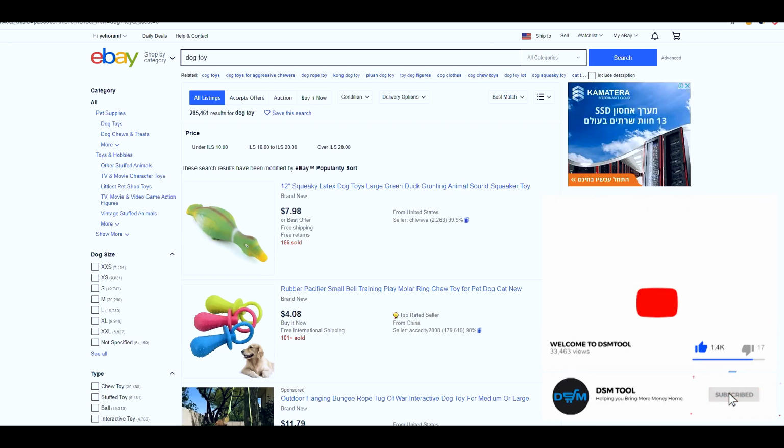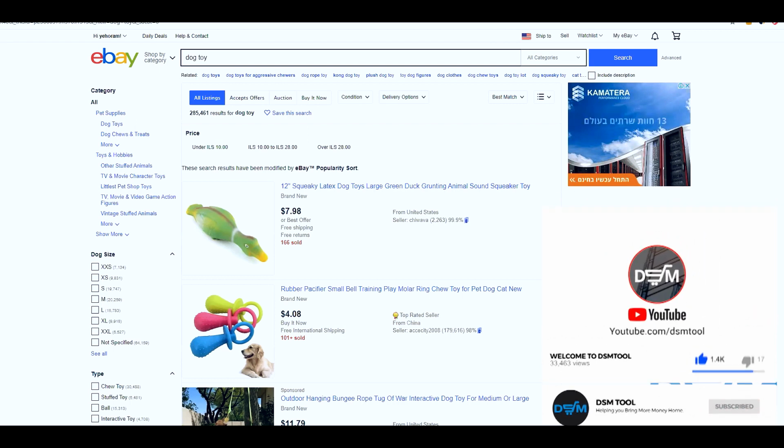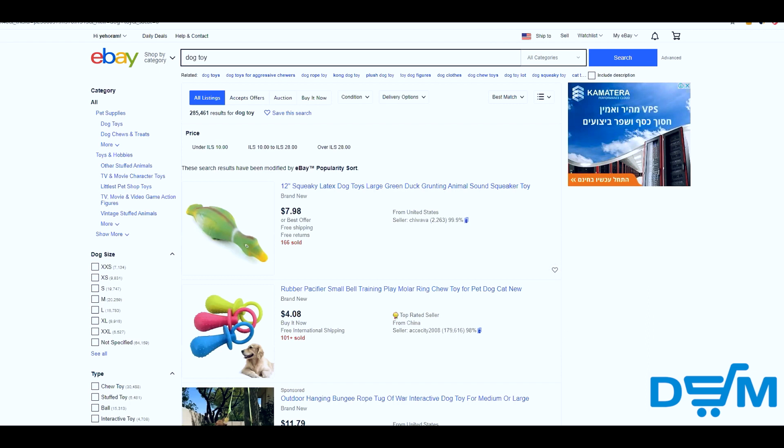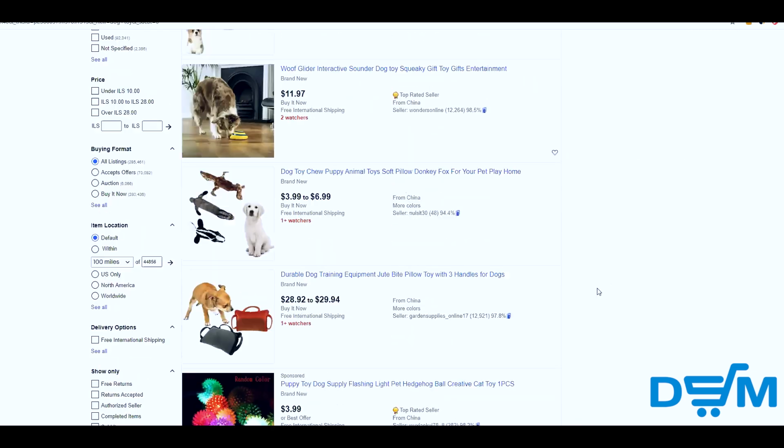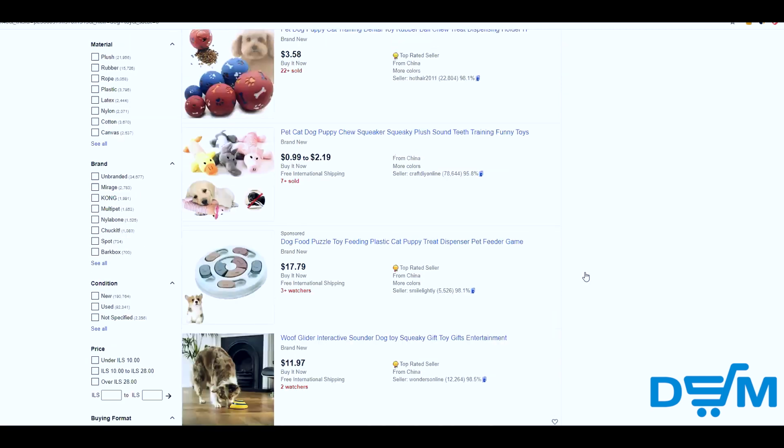So 100% of the people is 100% of potential buyers, or the way we call it, 100% of the traffic for the keyword dog toy. The first thing I want you to understand about search engines is that these 100 people would get different search results here. And how will it work?